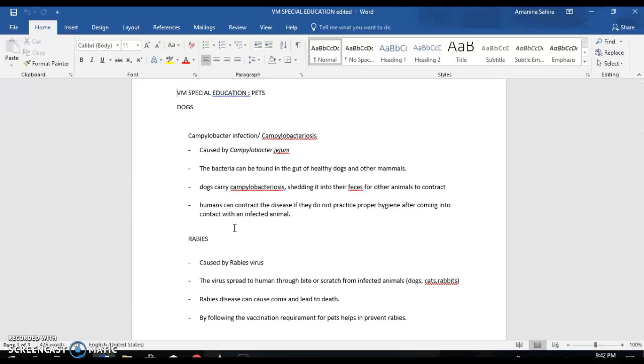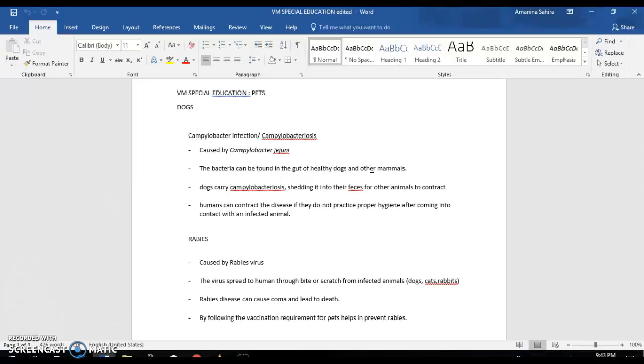First, Campylobacter infection. It is caused by Campylobacter jejuni. It is a bacteria, and it can be found in the gut of healthy dogs and other mammals. These dogs carry Campylobacteriosis and shed it in their feces for other animals to contract.